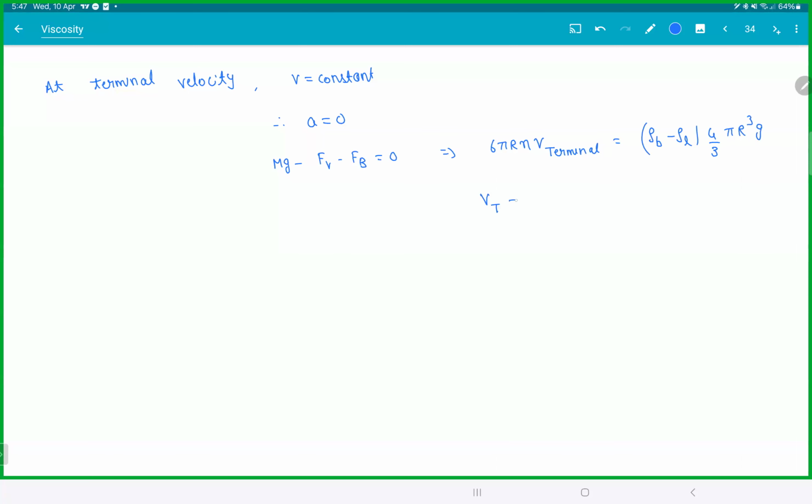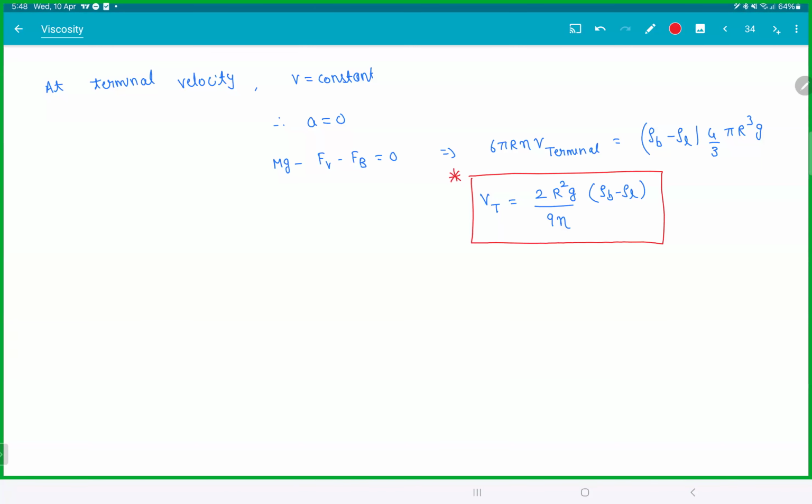So you end up with v terminal is equal to 2 by 9 r square g rho b minus rho l by eta. Yeah, definitely mug up this thing. Standard result, mains and bits, direct question.